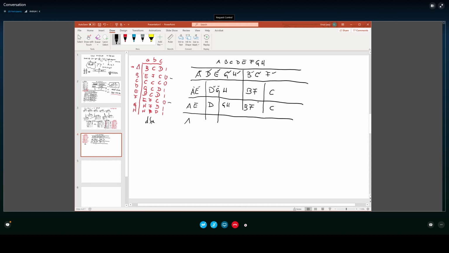Well, you can see immediately that A and E stay together because they're the same, B, C, D, and D is alone, and G and H are the same, H, F, D, G and H, and BF is E, F, C, in both cases BF, and C is alone.